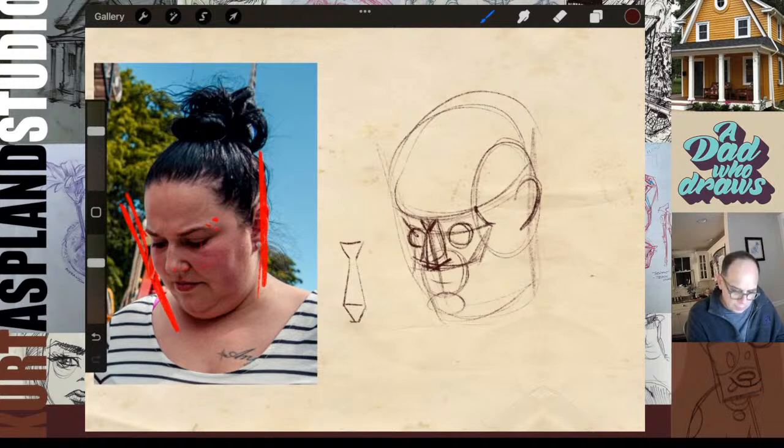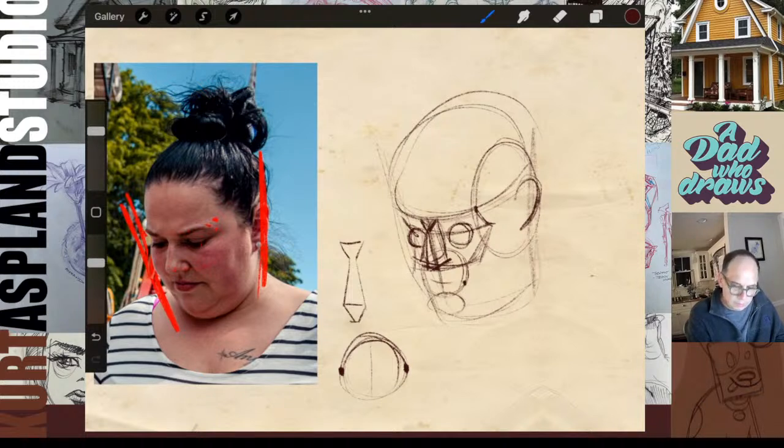And then the mouth, so let's just say this is our ball of the mouth. We have the corners of the mouth. Her corners, you can see where her corners are, right there and right there.